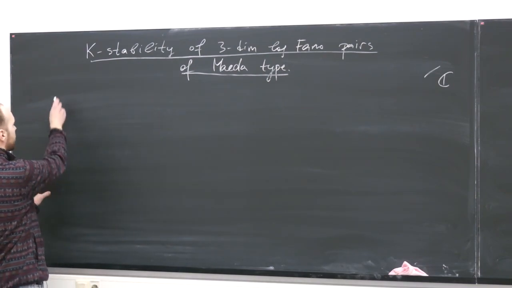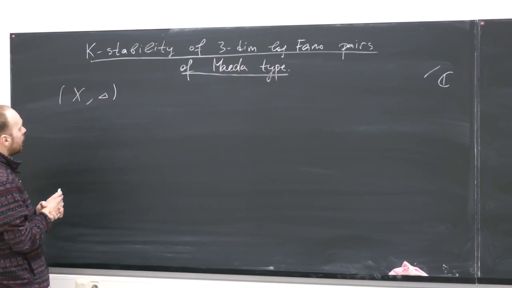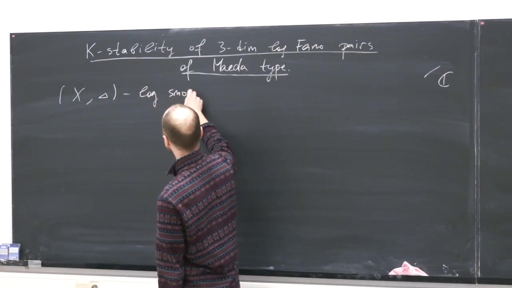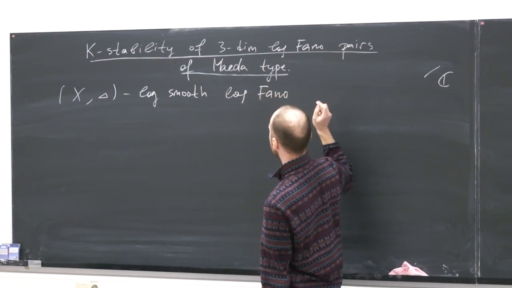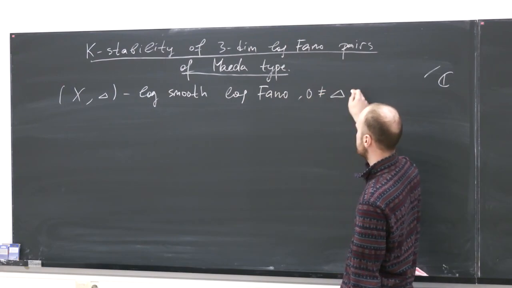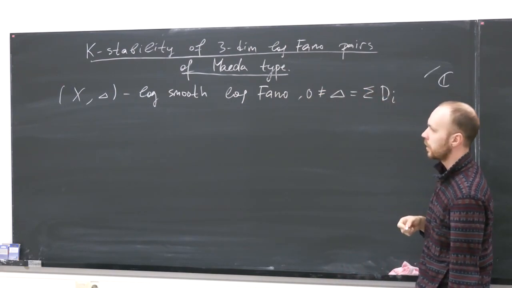So let us consider the pair (X, delta), which is log smooth and log Fano, such that delta is a non-zero divisor, which is integral and reduced.